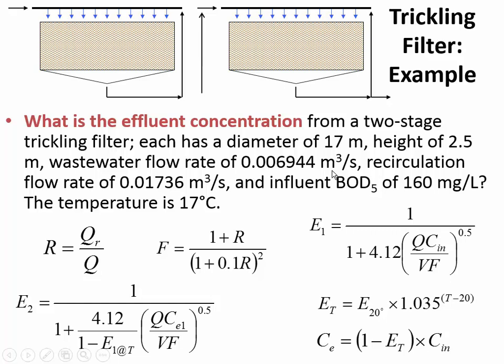Here's the liquid flow rate of wastewater, the recirculation flow rate, and we know the inflow BOD is 160. Temperature is 17 degrees. So we're going to correct for the temperature because these design equations are assuming 20 degrees Celsius temperatures. And so when that's not the case, you have to correct for the actual temperature that's known.